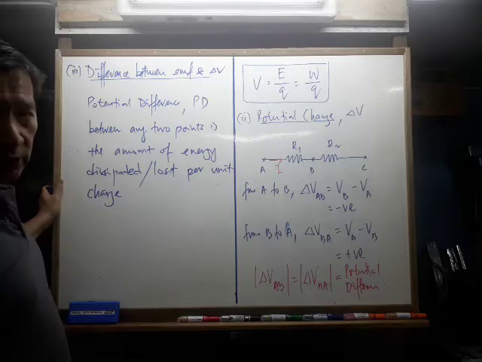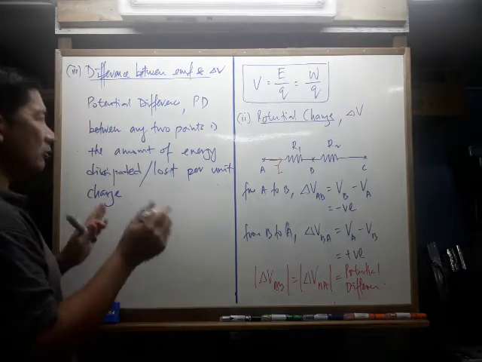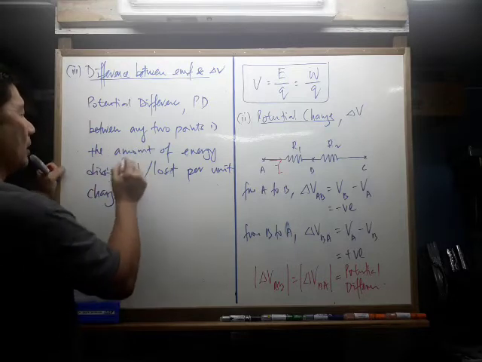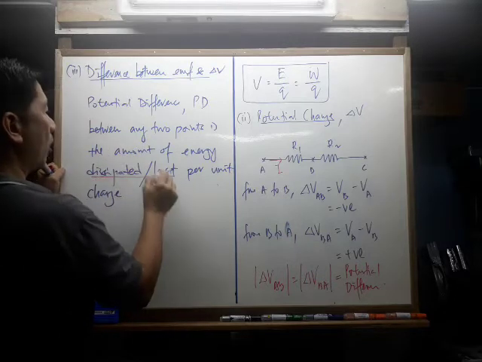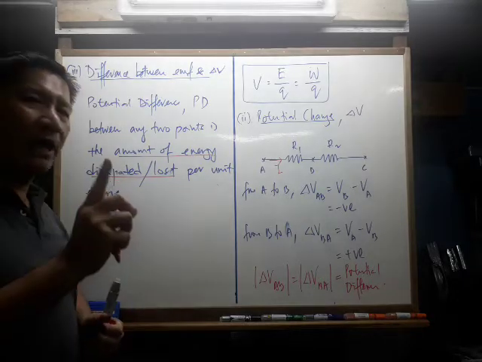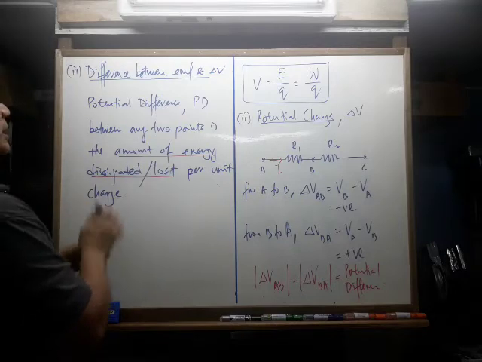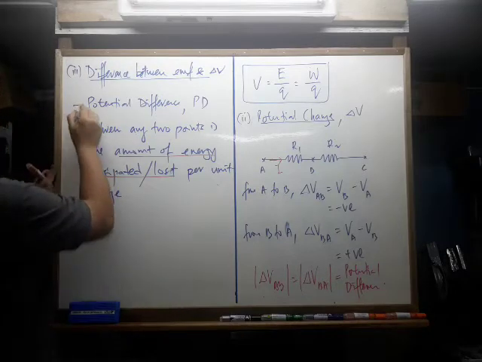So when you talk about potential difference between any 2 points, you are talking about the loss or dissipation of energy between those 2 points for every 1 coulomb of charge passing through.